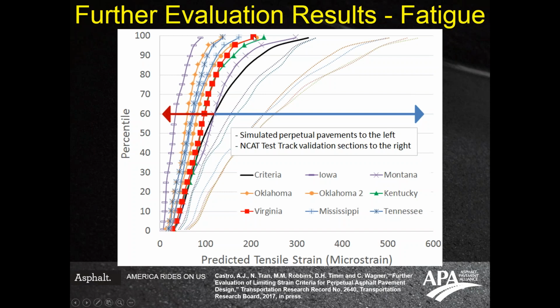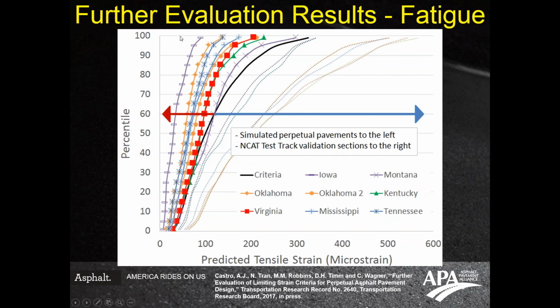So, none of them have had bottom-up cracking, none of them have had deep structural rutting, and so we took this as an indicator of success or validation of that endurance limit distribution curve that we developed at the NCAT test track.